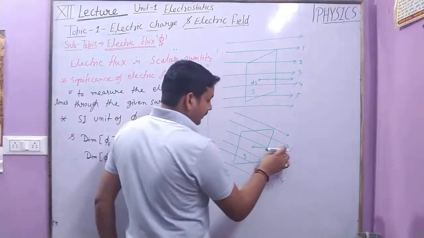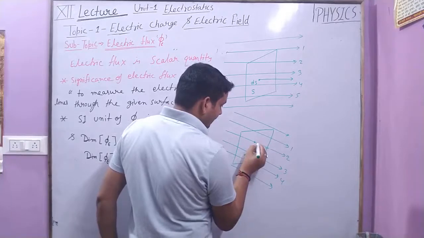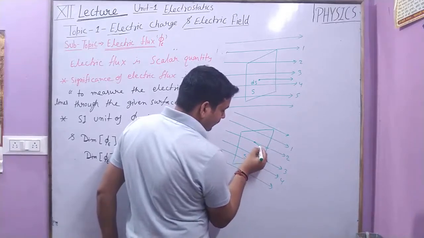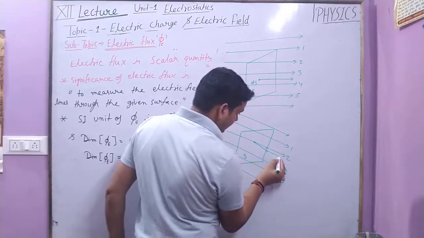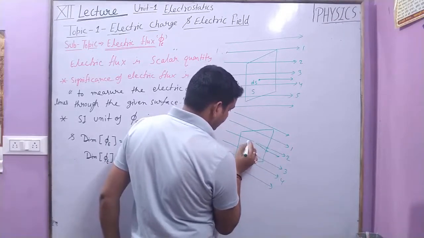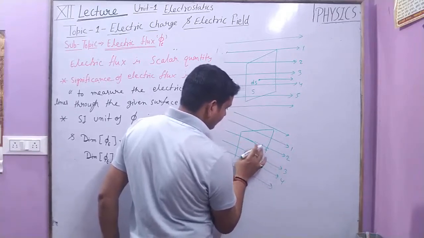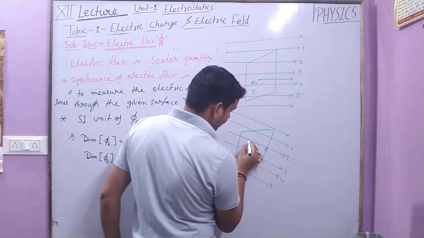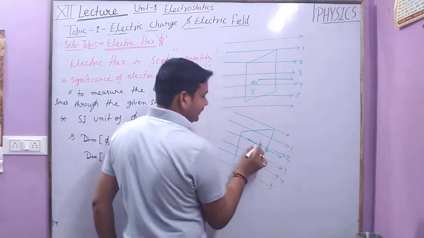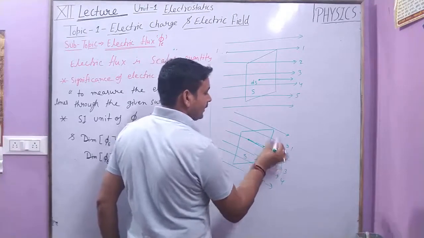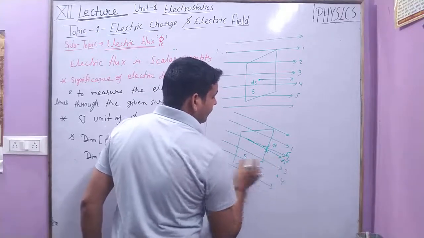Okay, and let's say we are using this area vector at that point which is normal to the surface. This is the small angle theta between the electric field line and ds.